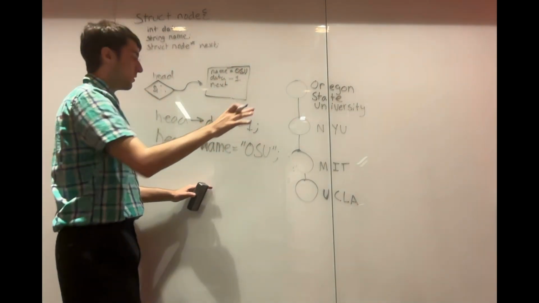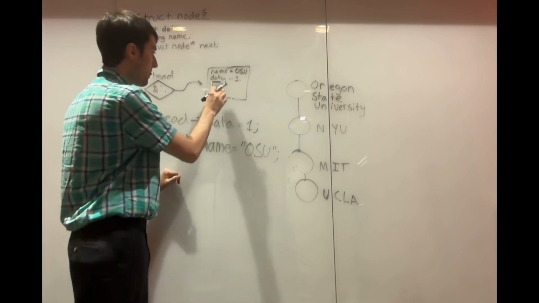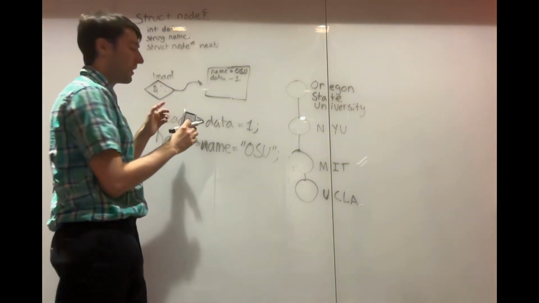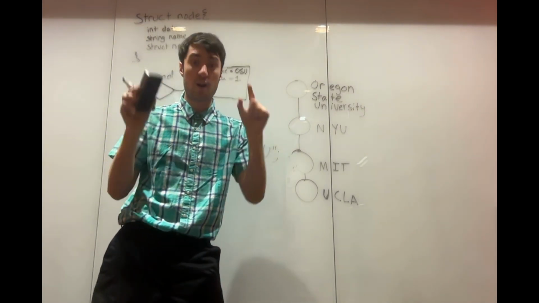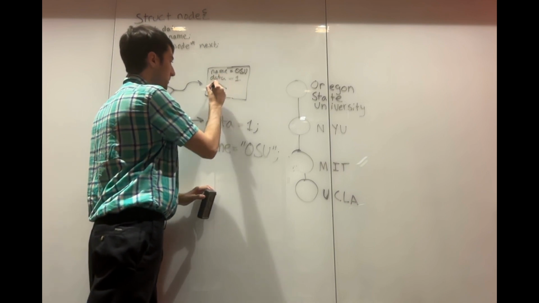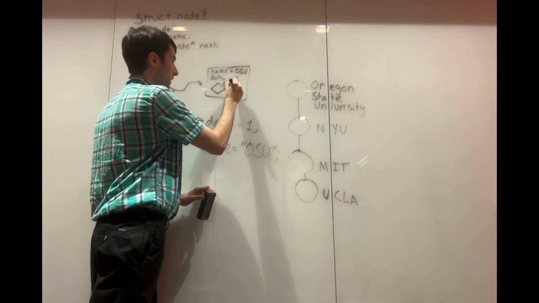Okay? Now, we have this next variable. And next is actually a struct node pointer. And I said that I was going to represent struct node pointers as a triangle. So let's do that. Here's the triangle for next.